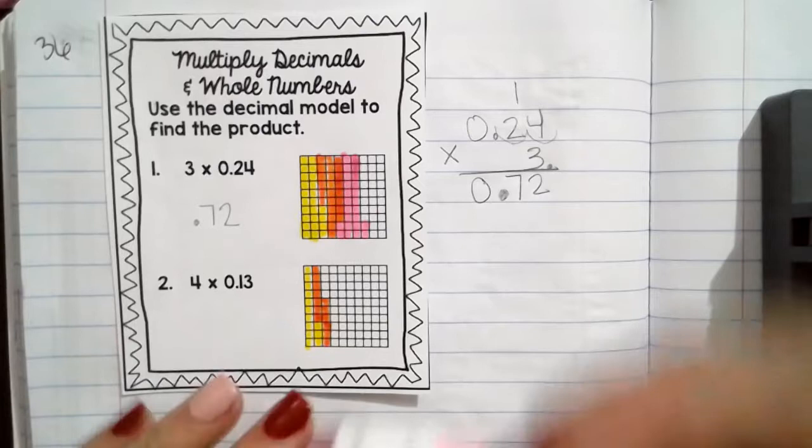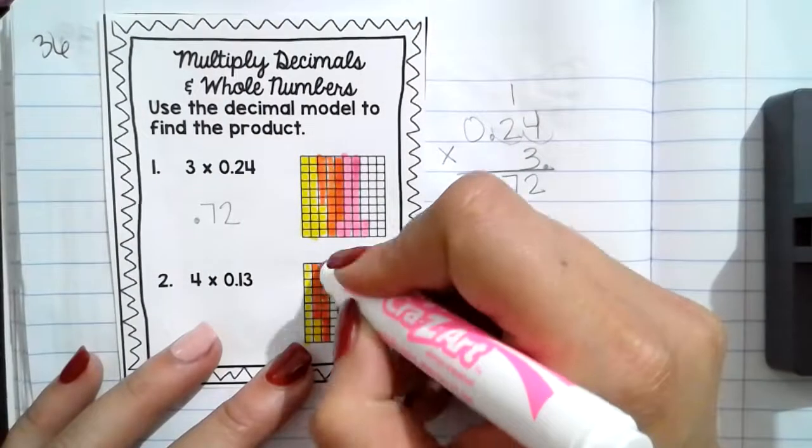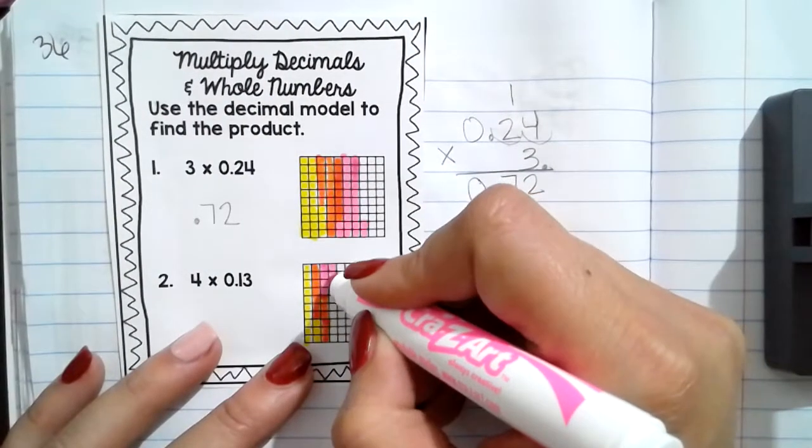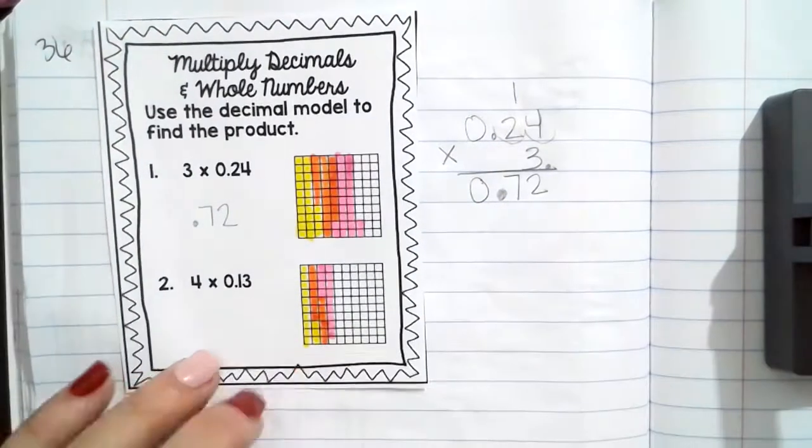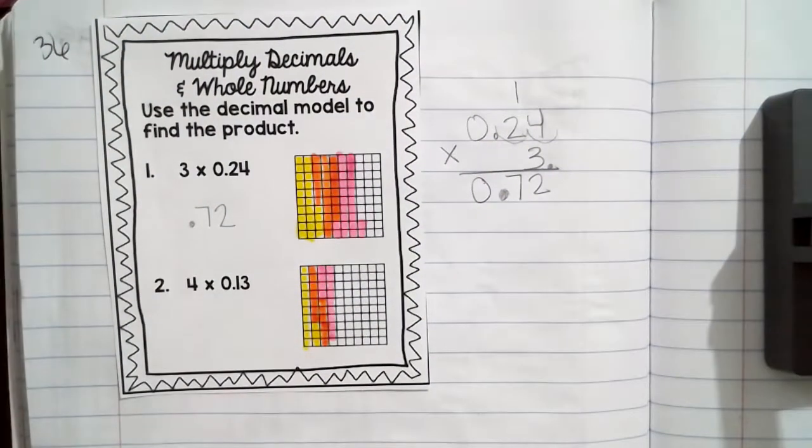I'll give you another 13. There's another 13. How many times am I doing it? I'm doing it 4 times, so I need another 13.